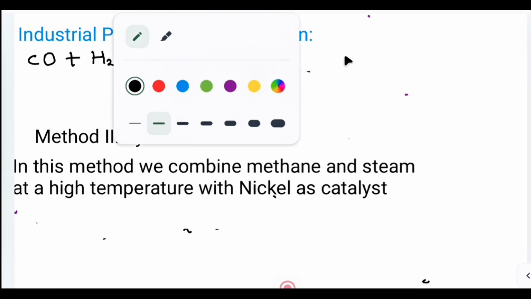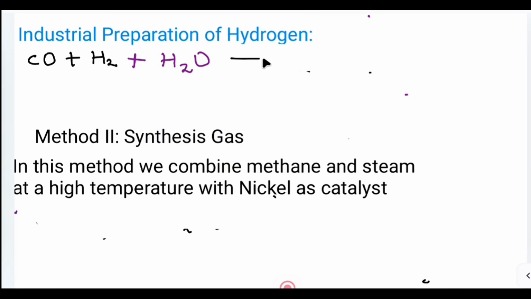And then I will produce CO2 plus hydrogen, 2H2. And this is what I'm looking for. Okay? So the second stage, you take the water gas you produce and then you pass steam over it. And then you end up with CO2 and hydrogen.